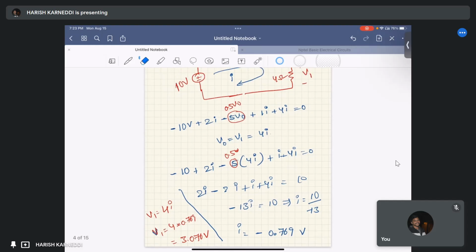This 2I remains cancelled. This is I plus I, this is 5I. So I equal to 10 by 5, that is 2 amps, and this voltage equals 4 into 2, that equals 8 volts. Sorry for the mistake. I hope now it is clear.